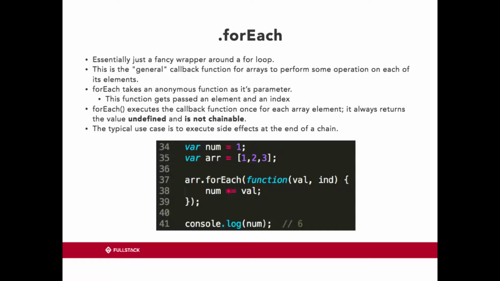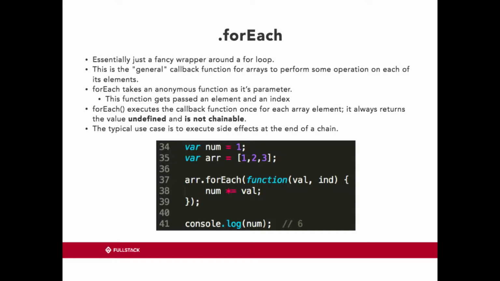If I had a console log between lines 37 and 38, when the array.forEach runs and I pass in this function, the first time it runs, val is going to be 1 and the index is going to be 0. What it's going to do is set num, which is up here, times equal to val. So it's going to be 1 multiplied by 1.